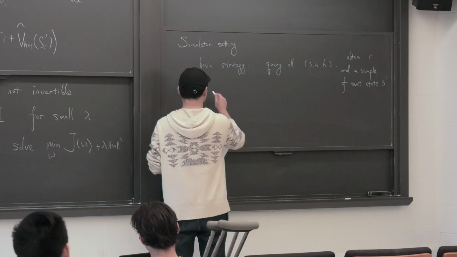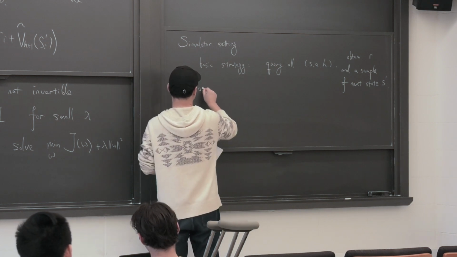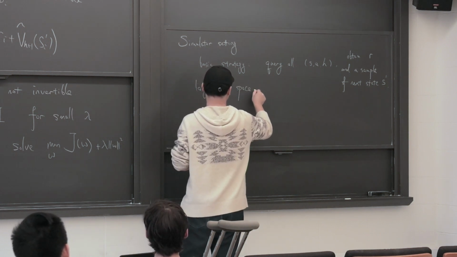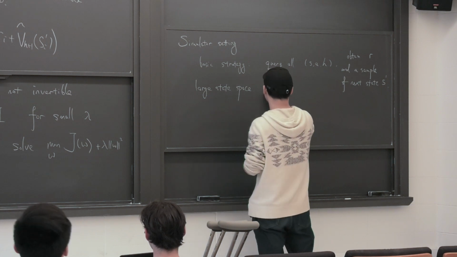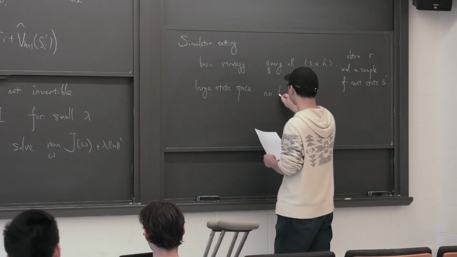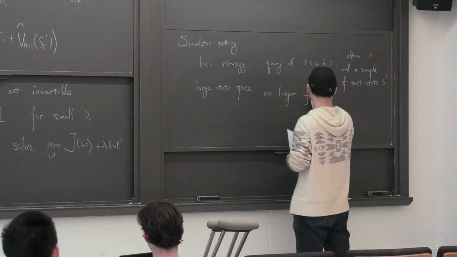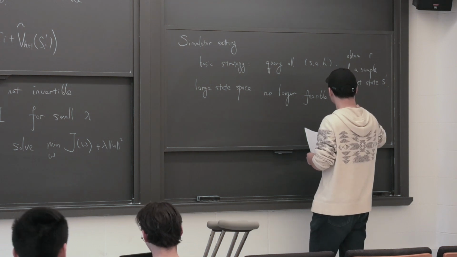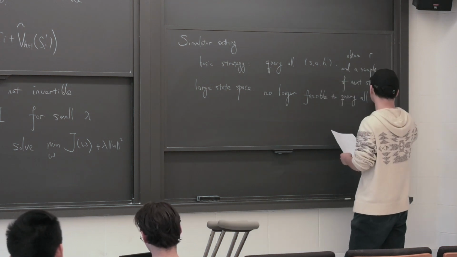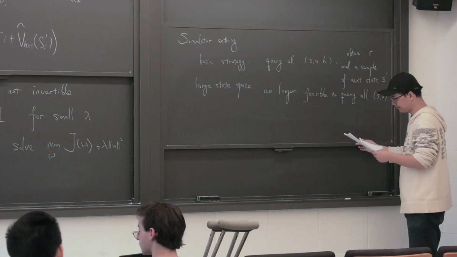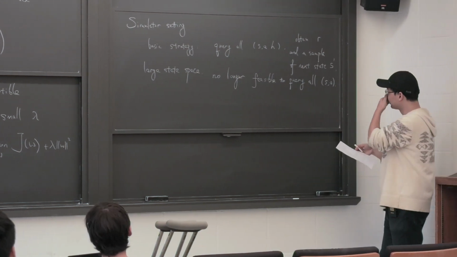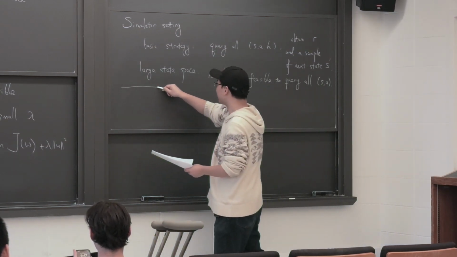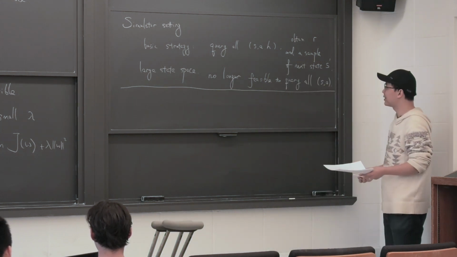In that kind of case, because we're in a large state space, it's definitely no longer feasible to query all SA. So what are we going to do instead?